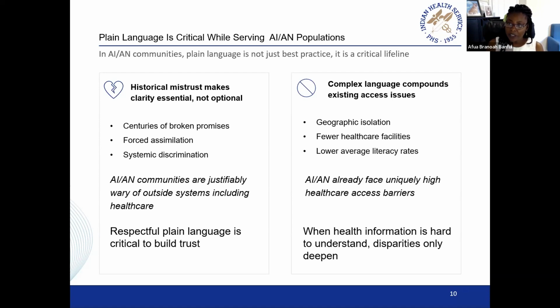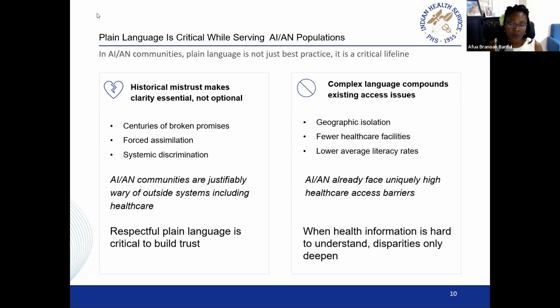The other challenge is that there are already existing access issues. You don't want to add complex language on top of it. If someone has had to travel very far or had a very difficult journey to even get to you or to speak to a provider, the last thing you want to do is make it seem like they don't understand you at all, right?